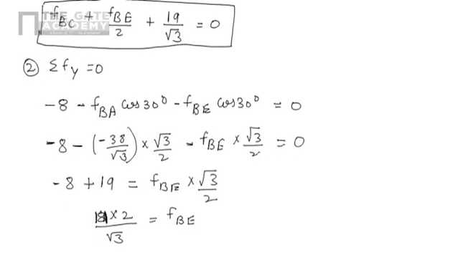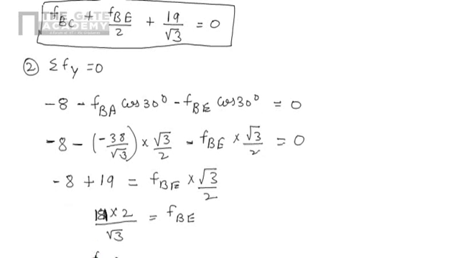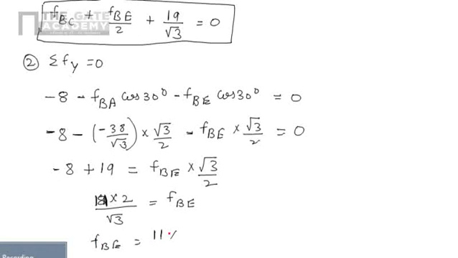I am again writing FBE equals 11 into 2 by root 3, so it will be 22 by root 3 kilonewton. So we got the value of force in member BE, FBE equals 22 by root 3 kilonewton.